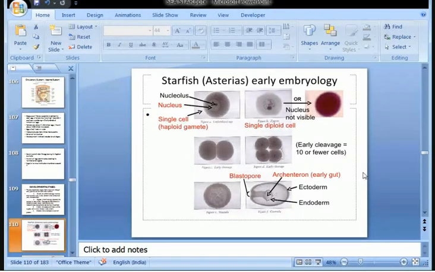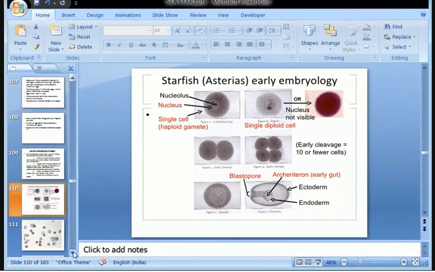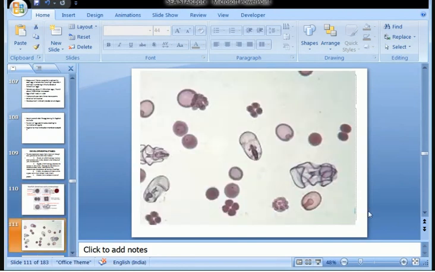Then the blastula and gastrula, the other stages, come one after the other. First, a cavity develops, called the blastocoel, and then invagination occurs here, and that is the early gastrula. We will be studying these stages in detail in some of the next PPT slides.